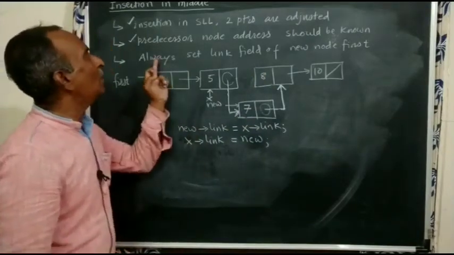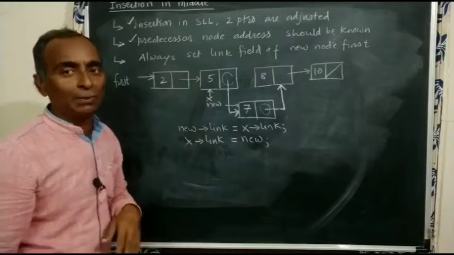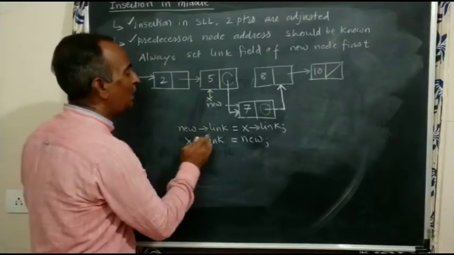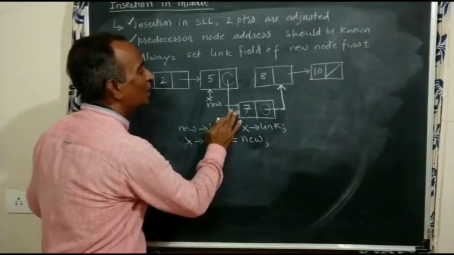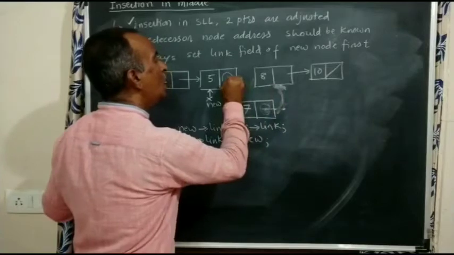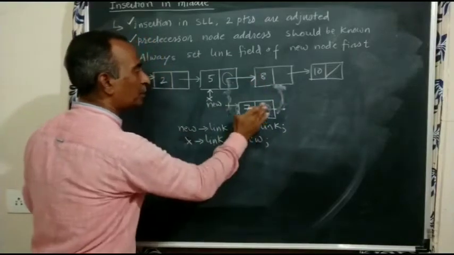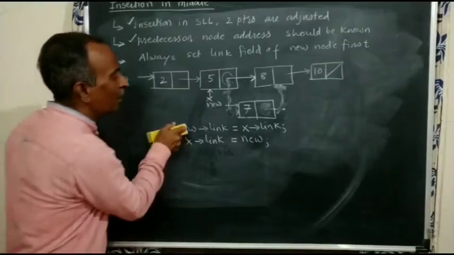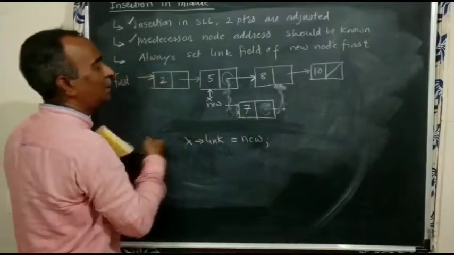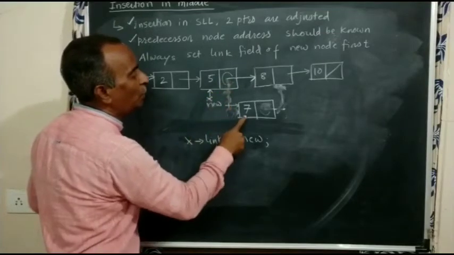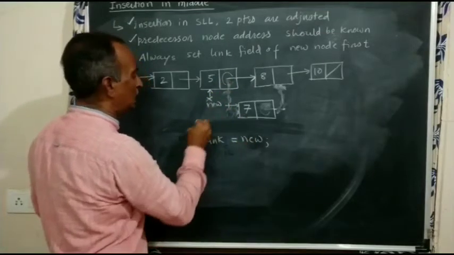As I said, always set the link field of the new node first. Why we are saying that, I'll tell you. Suppose in the earlier linked list, I set the link field of X first, X link, where it should point to the new node. So new is given to X link.